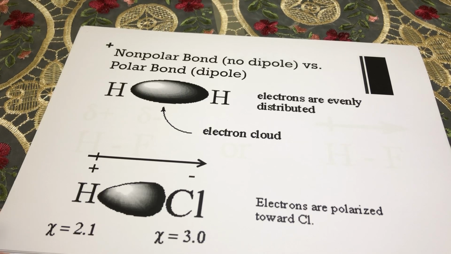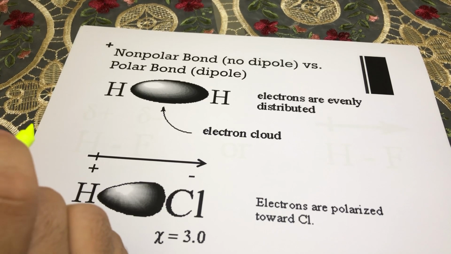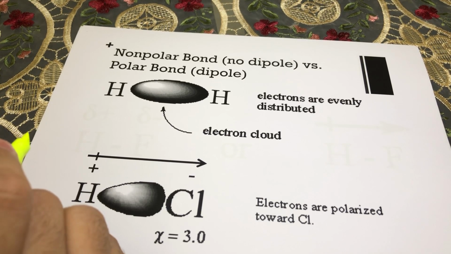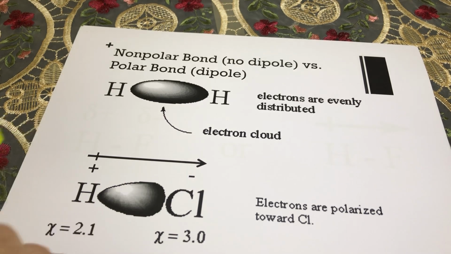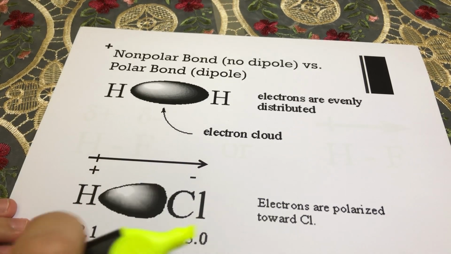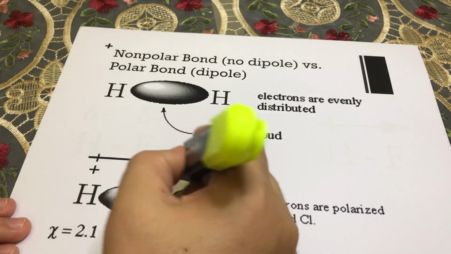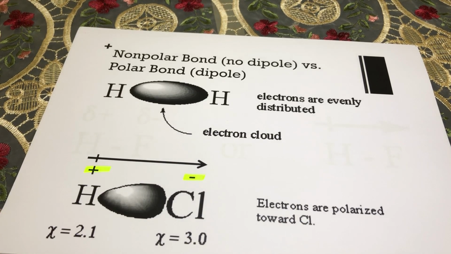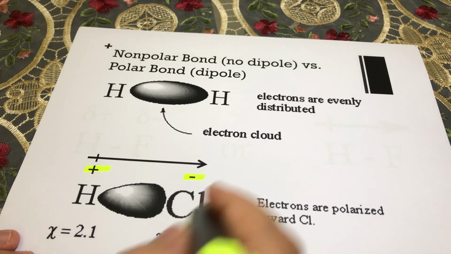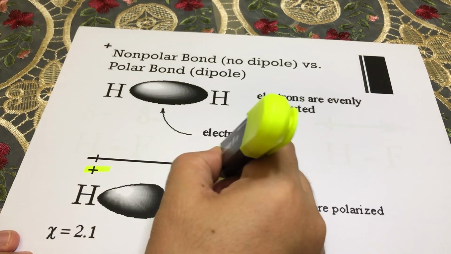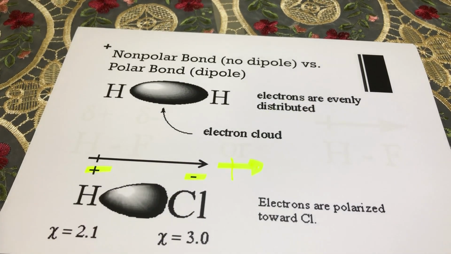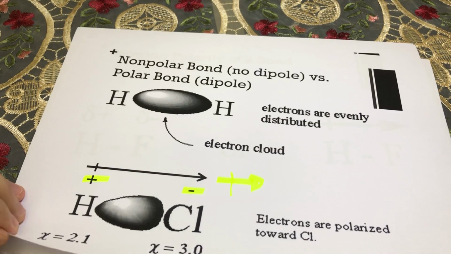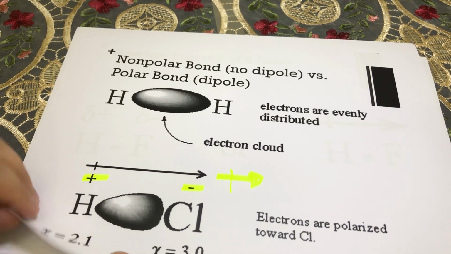Look at this example. It's a hydrogen molecule, because between each atom there is equal sharing, so it's nonpolar. But for hydrogen chloride, chlorine is highly electronegative and hydrogen is less electronegative, so we see the net dipole in this direction, and the molecule is polar.